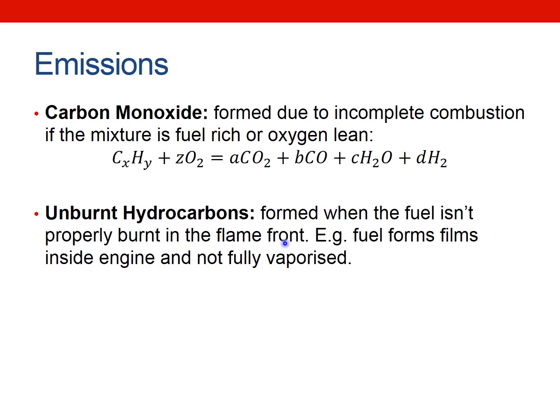A good example of this is if fuel ends up on the liner of the cylinder or on the piston crown, then because it's not vaporized, it's harder for it to combust with the air, because the heat goes into vaporizing it. So you end up with vaporized hydrocarbons going through the system, and not the combustion products.